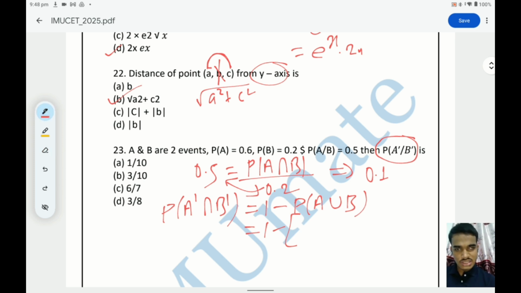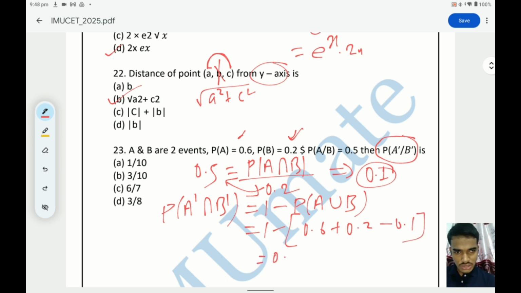A is 0.6, B is 0.2, and the intersection is 0.1.